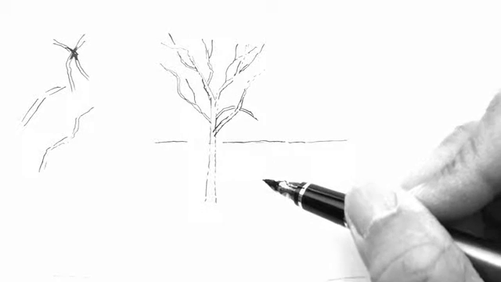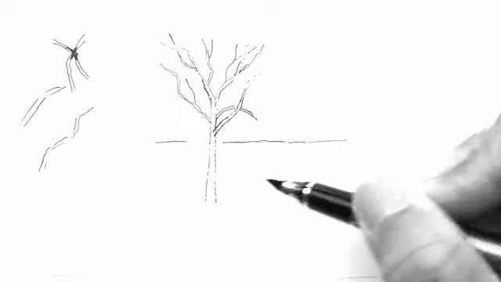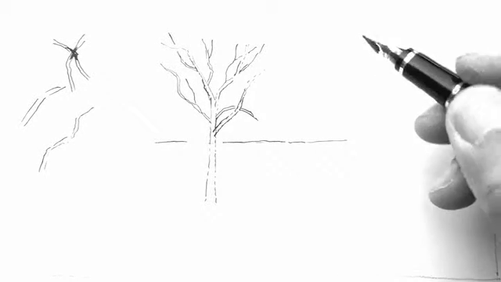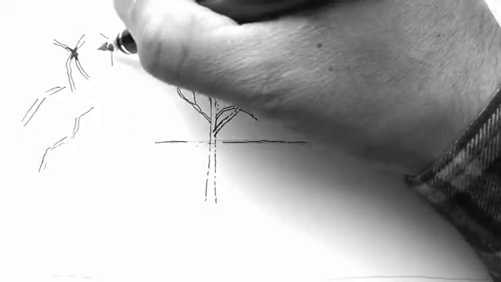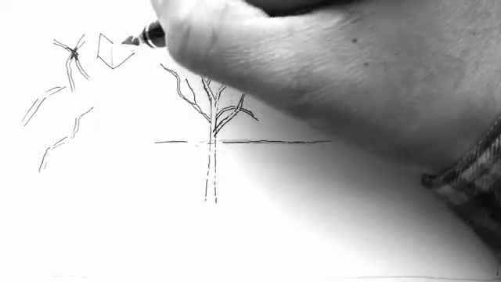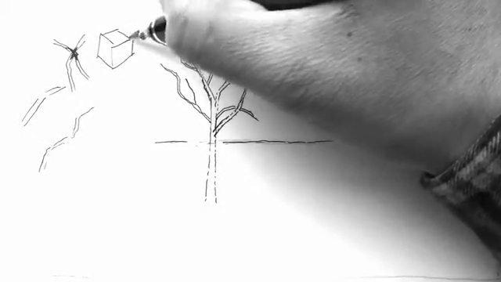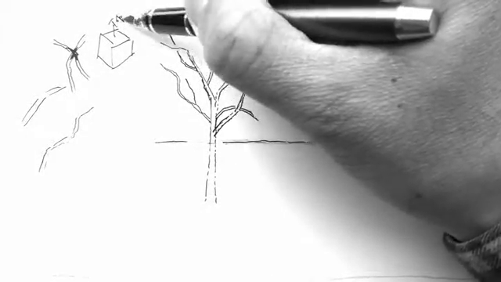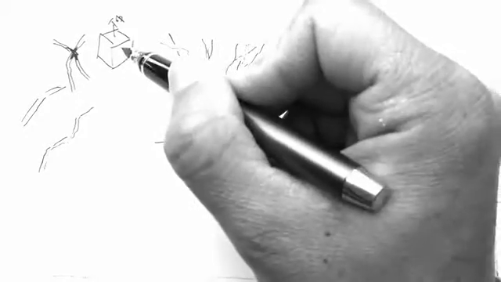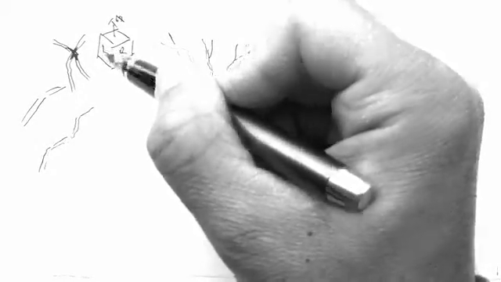What I will do next is to draw the stones that will be in this area over here. To draw stones, it is very useful to think of a simple box. For example, in this perspective, this is a simple box, and this is the top, this is the right side, and this is the left side.